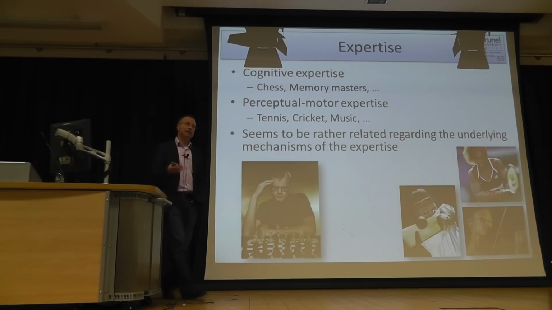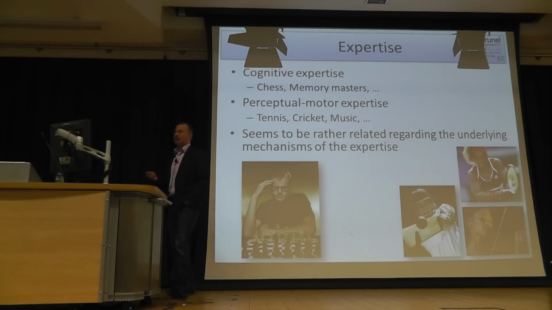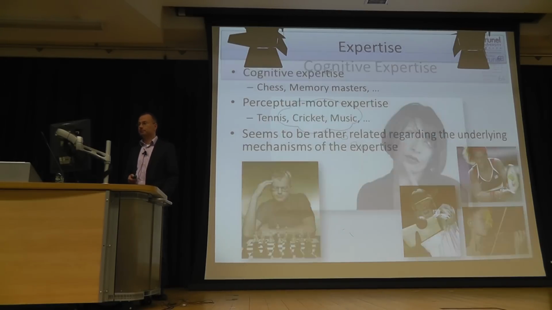And when you look at the mechanisms in detail, then they seem to be actually more related than apart, the underlying mechanisms, which results in being an expert in either perceptual-motor or cognitive expertise.